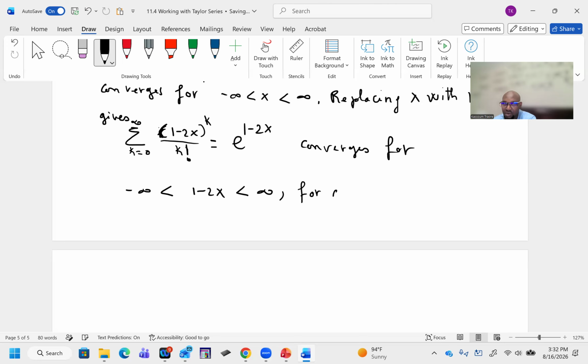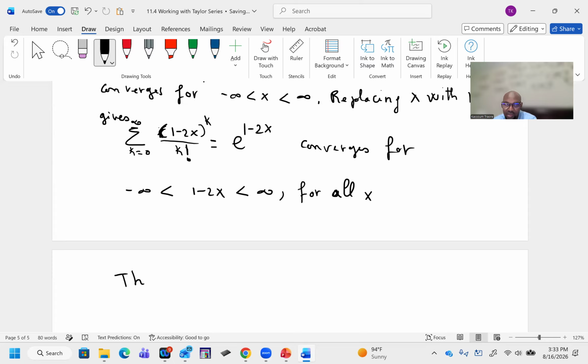For all x, right? Therefore, because even if you add or subtract on both sides, you will still have the same domain.